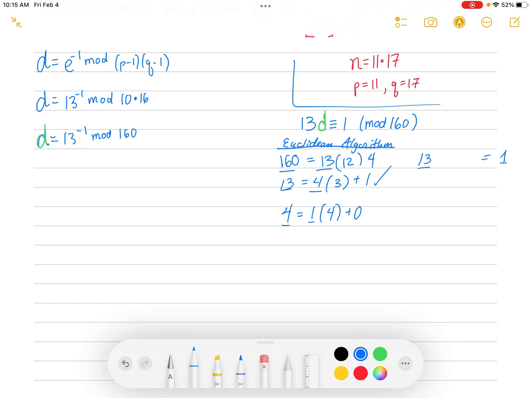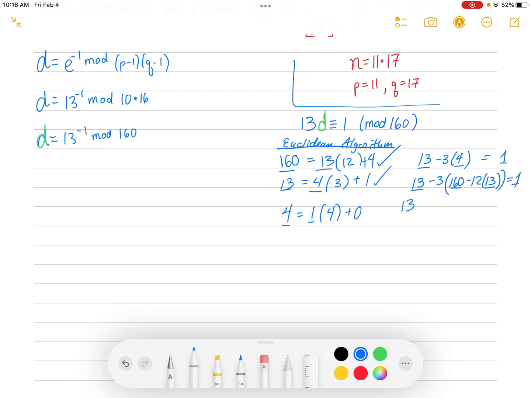And we're going to write that as 1 is 13 minus 3 times 4. And then we got to update one of the numbers, either the underlined 13 or the underlined 4. We're going to update the underlined 4 here with 160 minus 12 times 13. So I got 13 minus 3 times (160 minus 12 times 13).